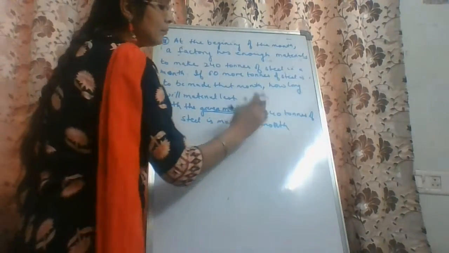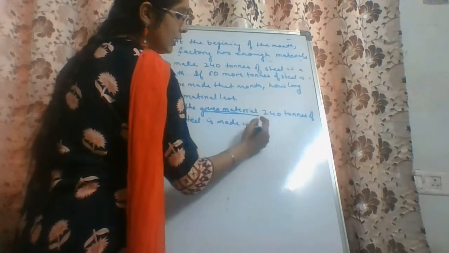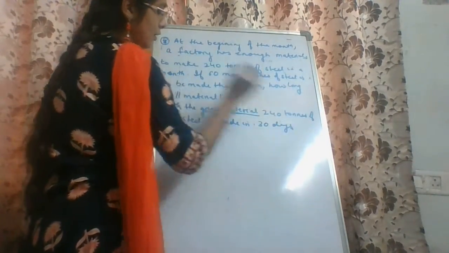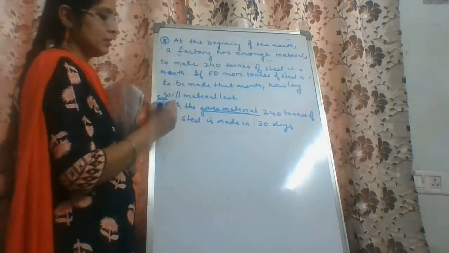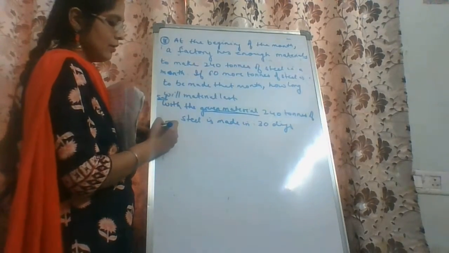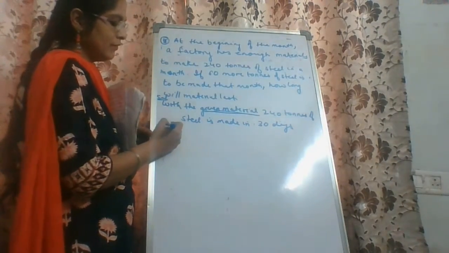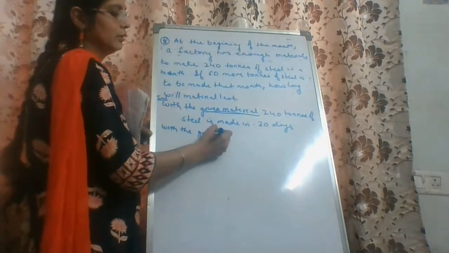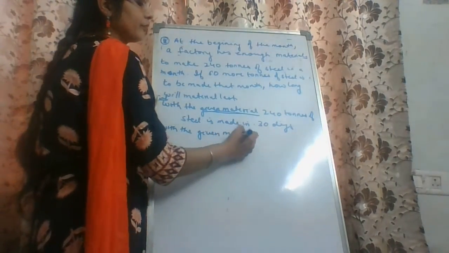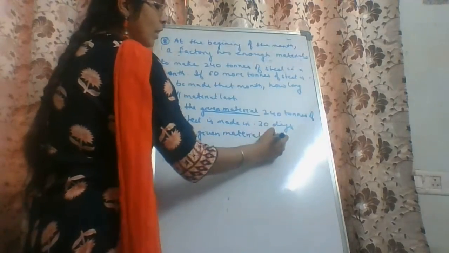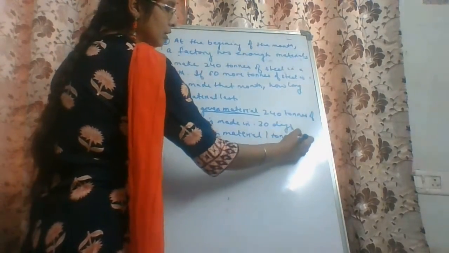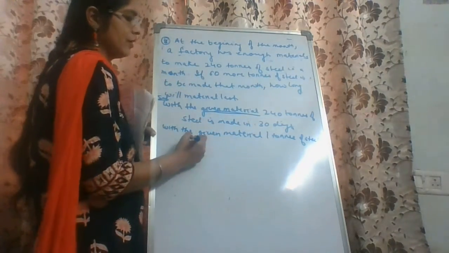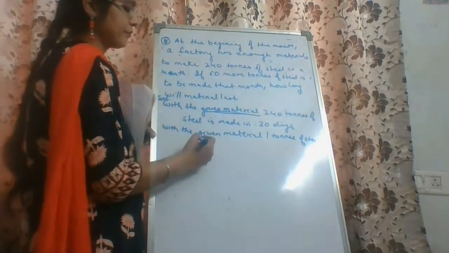First of all, in a month, we will change to 30 days. With the given material, 1 ton of steel is made.